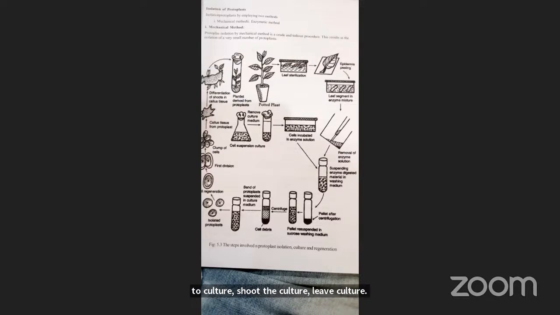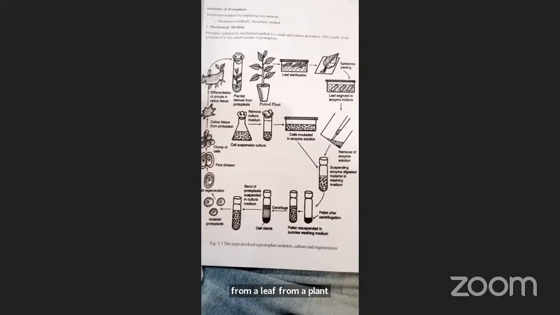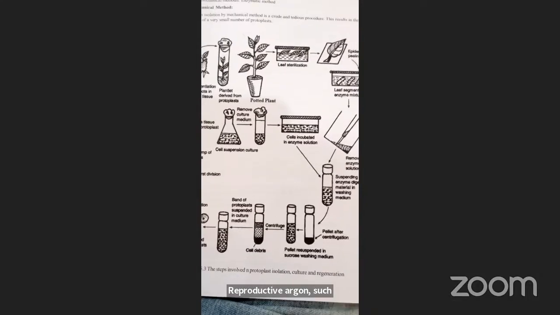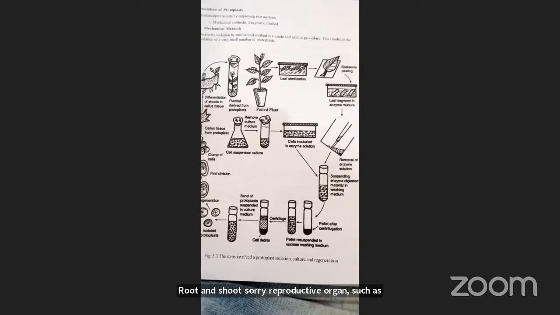These are all vegetative organs of a plant. Reproductive organs are such as androecium and gynoecium.